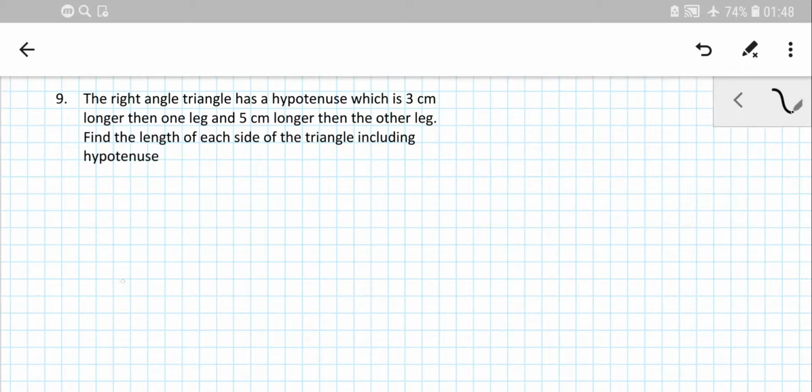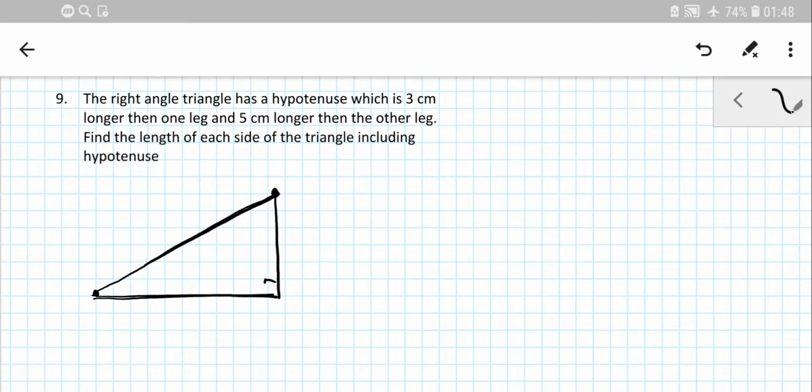Let's set up the right angle triangle first. It should be drawn with random sides, all of different lengths. The longest side is opposite the 90 degrees angle, so that's the hypotenuse, and it's 3 centimeters longer than one leg.